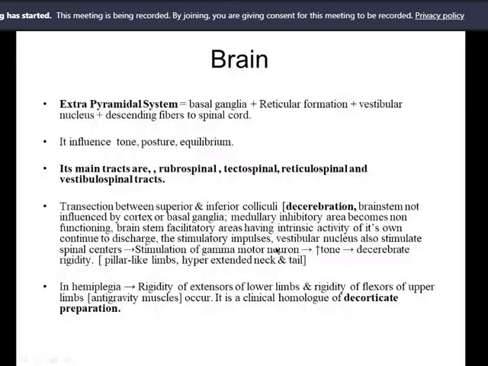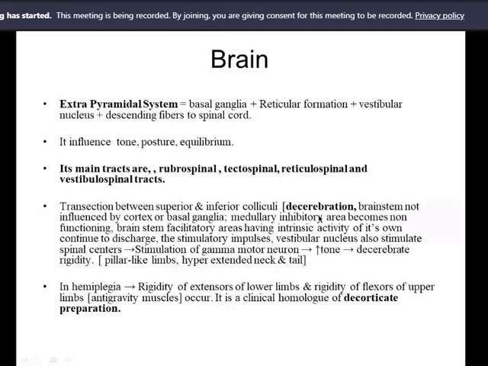So at that time functionally the brainstem is not connected with the cerebral cortex, so that is called decerebration, and at that time tone increases. I am telling you again, it is called decerebration, right?